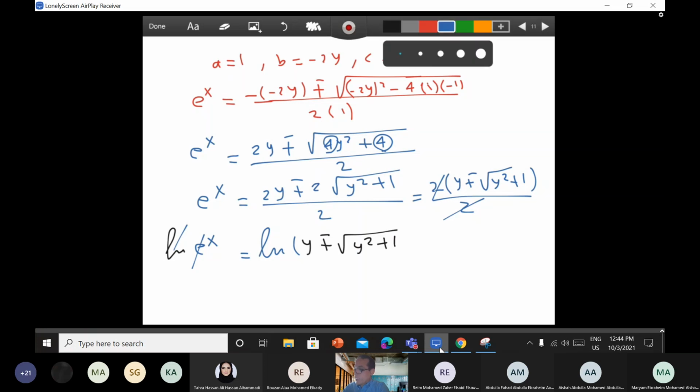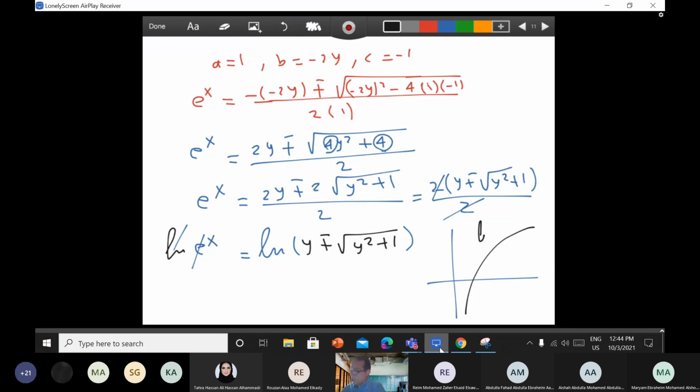Now, are you going to take the plus or the minus? Remember, when I explained to you the logarithm function, I told you this is the shape of ln x. Remember, x is always positive. You don't have a negative value inside the ln.